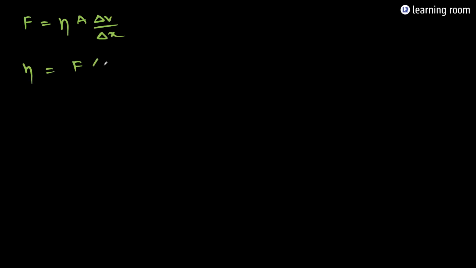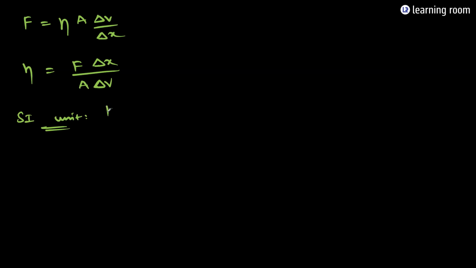It is going to be F into delta X divided by A into delta V. Now, what happened to that negative symbol, sir? I took only the magnitude. I'm concerned about the unit of eta.